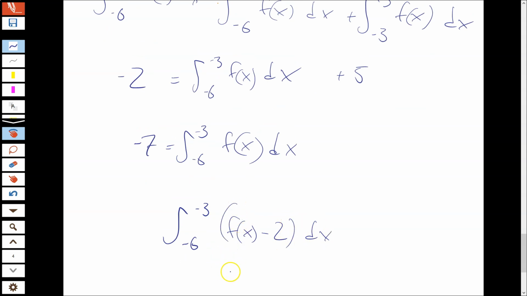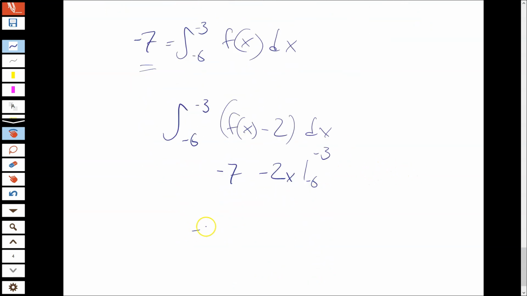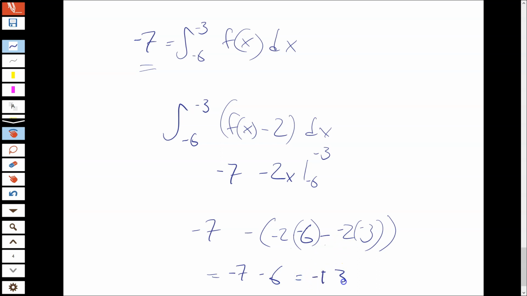Well, that's going to be -7 minus 2x, from -6 to -3. And then I just substitute, so -7 minus, be careful with your signs here. So this becomes negative 7 minus positive 12 minus positive 6. So negative 7 minus 6 is negative 13.